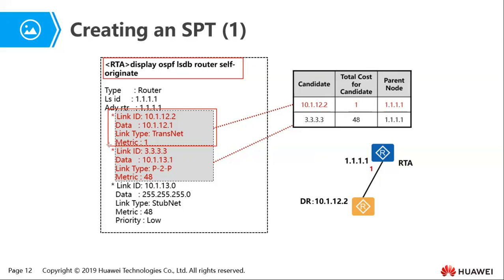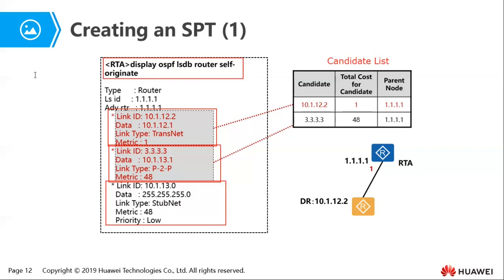So you see we have one there, and another one there, and a third one here. Now we have what we call the candidate list.